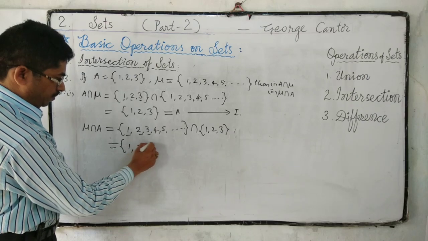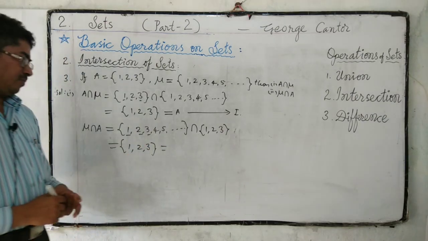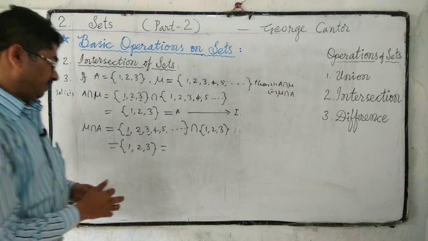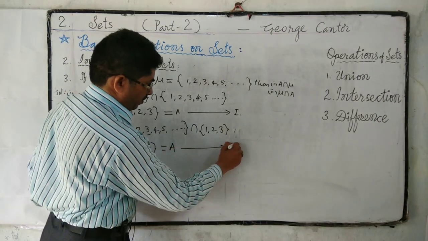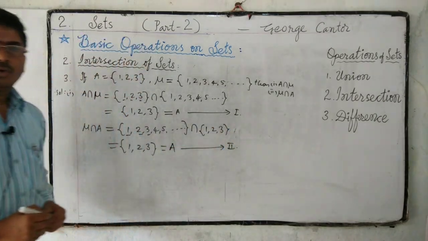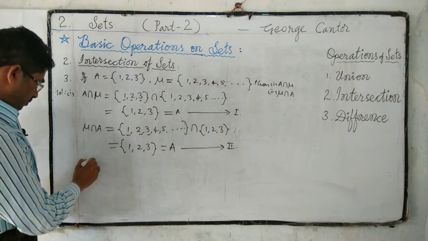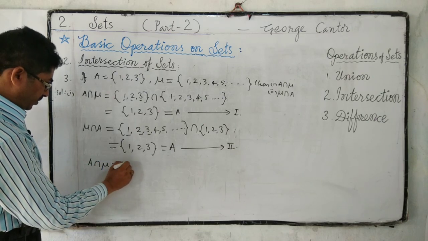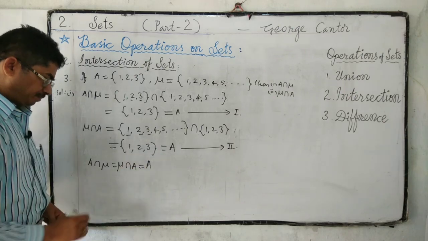So in this also we got the result A only. By observing these two results, we understood A intersection mu is equal to mu intersection A is equal to A only.